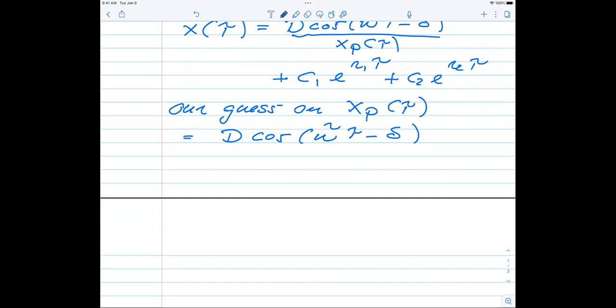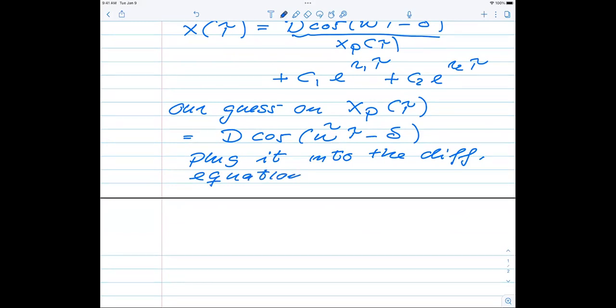So when we plug it back into the differential equation, what we get is the following.